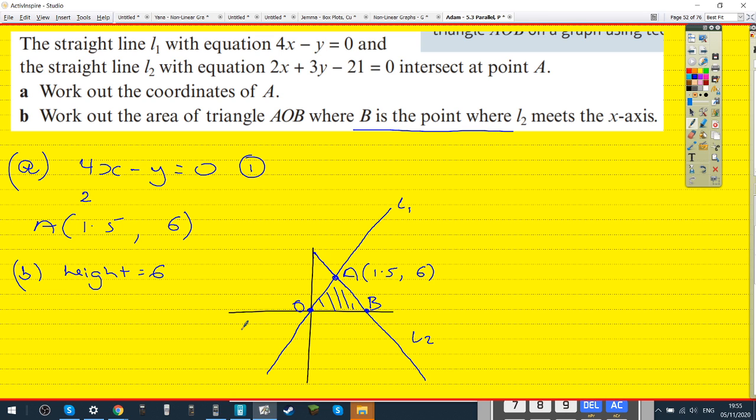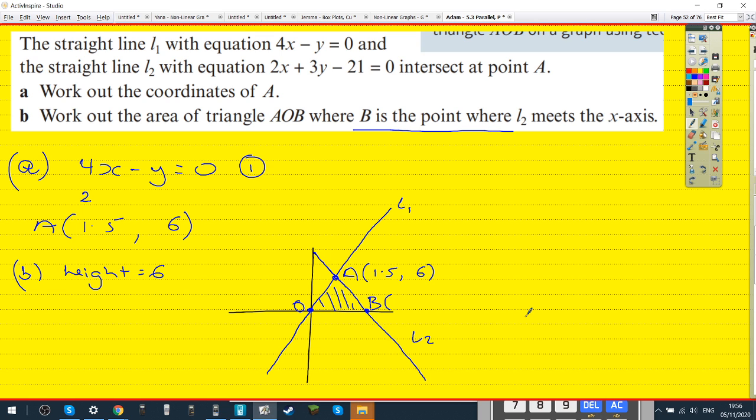So we write it as x comma 0 for now. So on the line L2, y is 0. What is x?